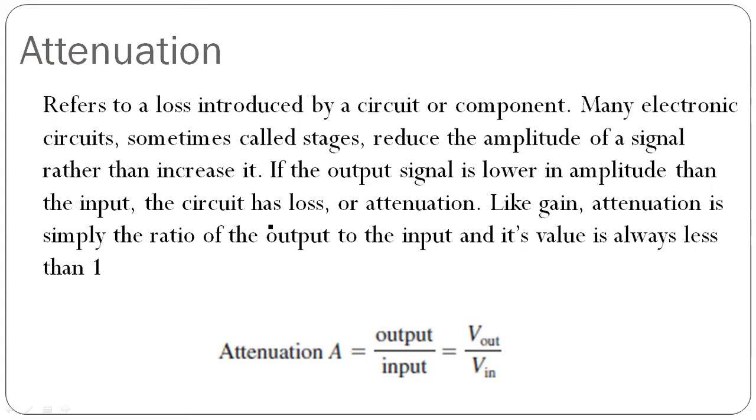So, if the output signal is lower in amplitude than the input, the circuit has lost or attenuated. Okay? Like gain, attenuation is simply the ratio of the output to the input, and it's always less than 1. Okay? So, yung pagkuha ng attenuation is parehas lang ng gain. We just have to divide yung output sa input signal. Okay?